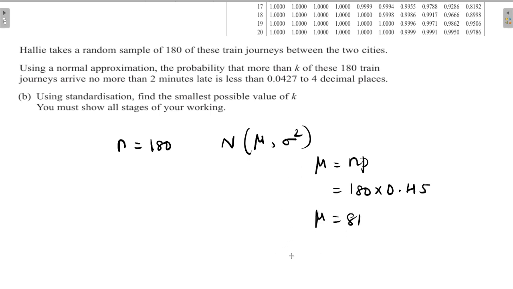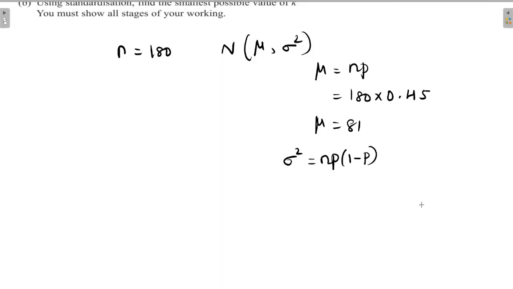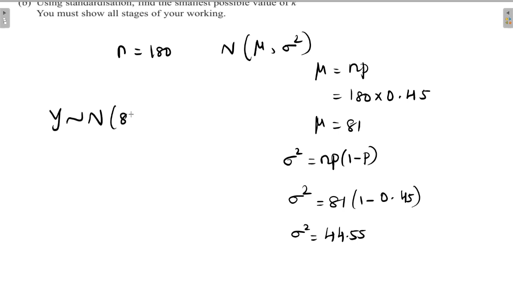Now we can find sigma squared. Sigma squared is equal to np into 1 minus p, which is 81 into 1 minus 0.45, so sigma squared equals 44.55. Now this distribution is converted into Y normally distributed with 81, 44.55, where this value is mu and this value is sigma squared.